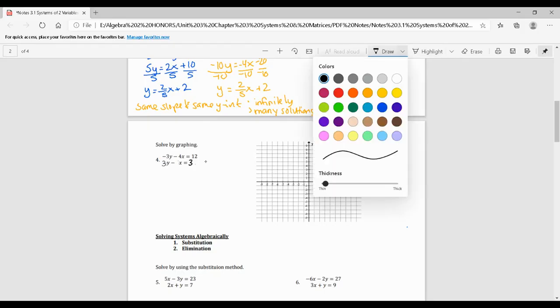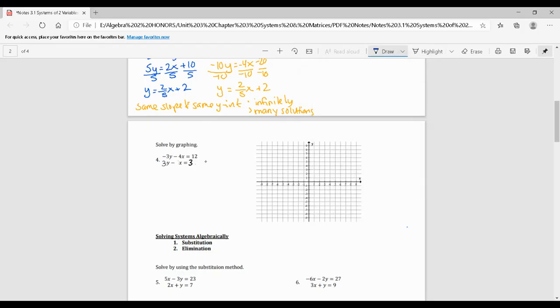Okay, now let's solve by graphing. We are going to take our first equation. We will add 4x, divide by -3 to put this into slope-intercept form.